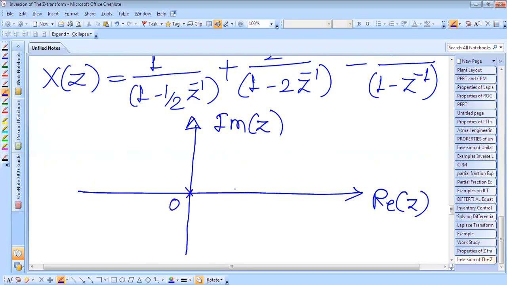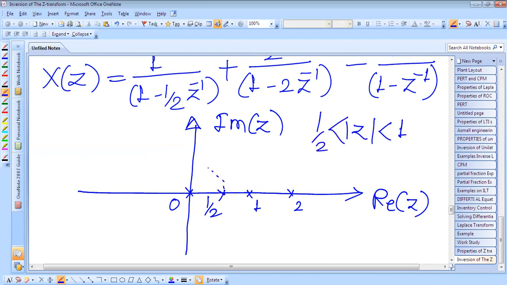The second pole is at half, next is at 1, and third is at 2. The ROC is given as magnitude of z less than 1 but greater than half.